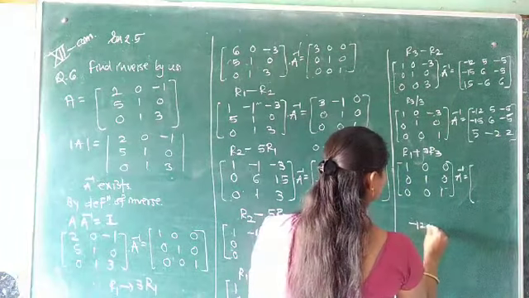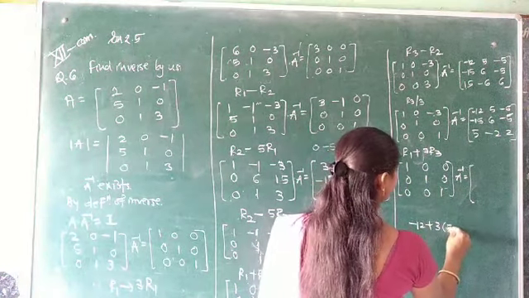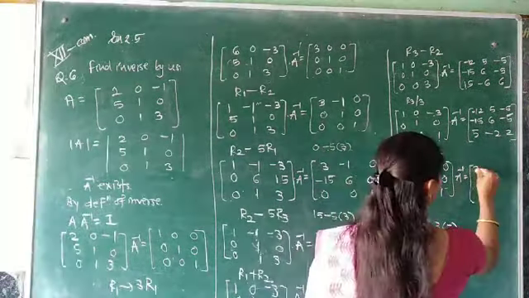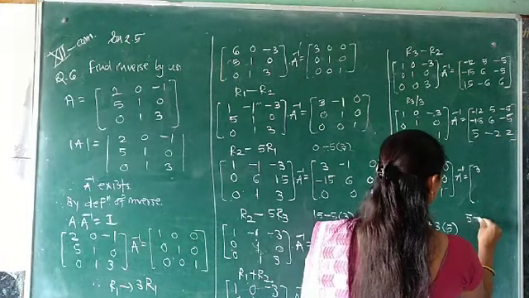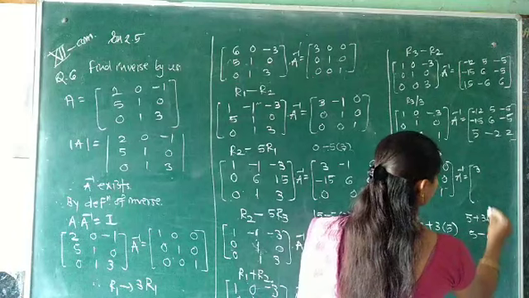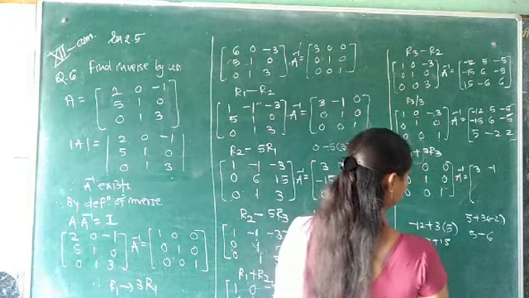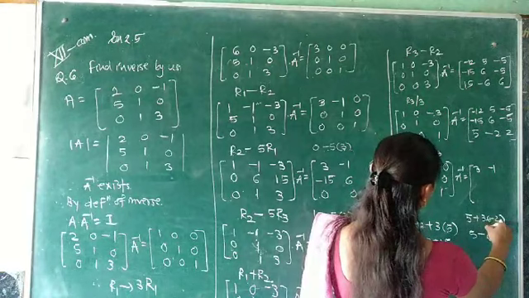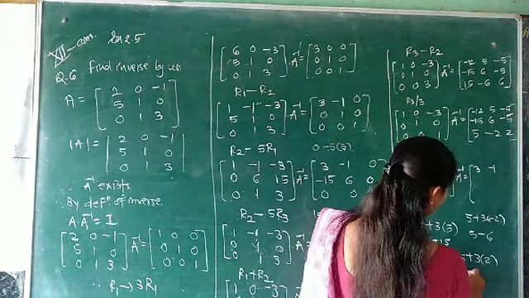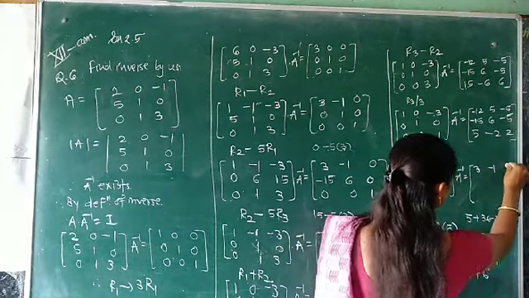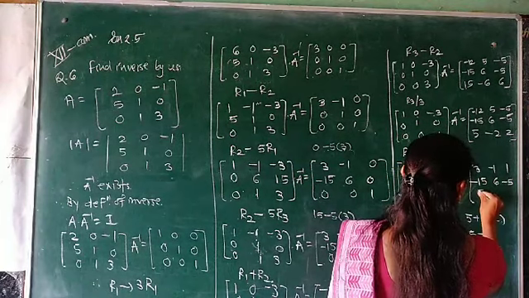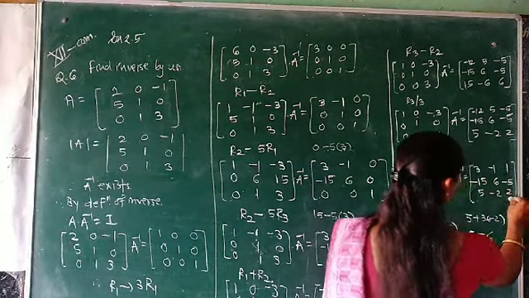R1 minus 12 plus 3 into corresponding R3 is 5. So minus 12 plus 15 then it is plus 3. Here see 5 plus 3 into minus 2, 5 minus 6 that is minus 1. Next one minus 5 plus 3 into 2, minus 5 plus 6 since it is 1. Minus 15, 6, minus 5, 5, minus 2 and 2.